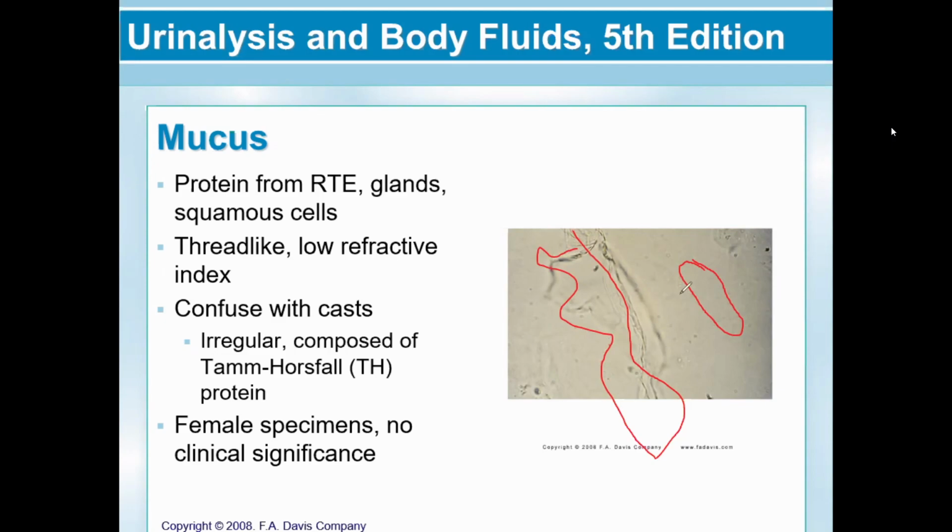It's just like a fibril or a thread, irregular, and composed of Tamm-Horsfall protein, also called uromodulin. There's no L, so that's uromodulin. Sorry, guys, if there's an L it's my fault, because my keyboard is broken. So uromodulin, or Tamm-Horsfall protein, is the major component of mucus and of course the matrix that forms our urinary casts.